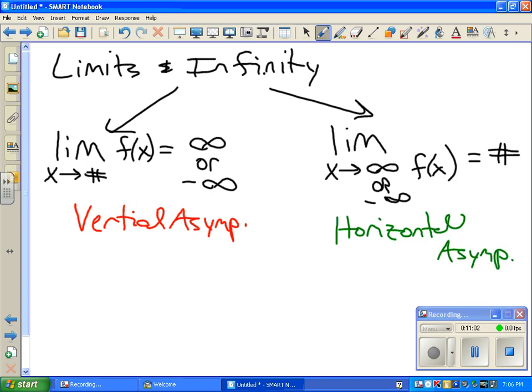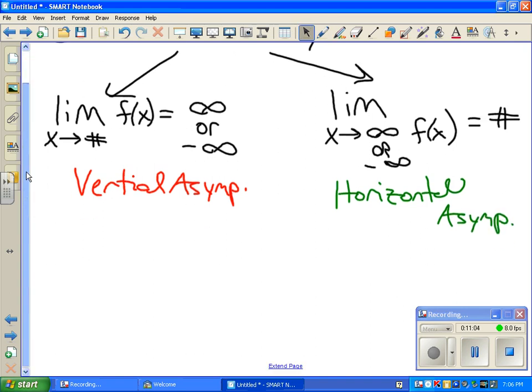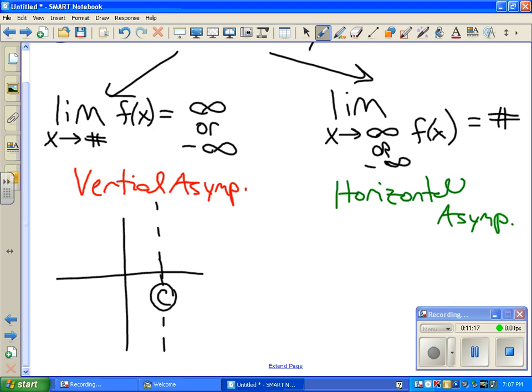Let's get a visual of each one of these. In this situation, the function is approaching some number, c, and the function is either going down towards negative infinity in both directions from the left and the right, or up towards infinity.